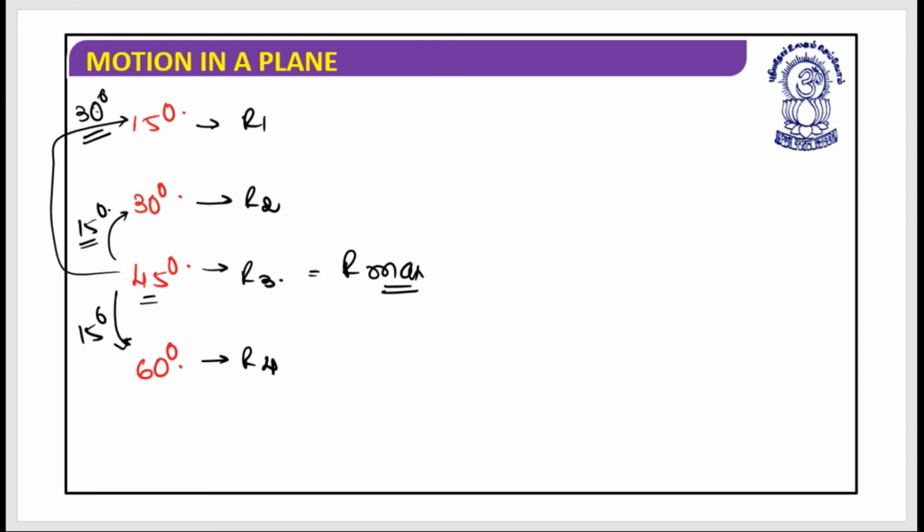So you can even write like this, that your range 2 and range 4 would be equal, and R3 would be the maximum, which would be followed by R2 and R4 because they are having the same value, and the least will be R1. So this is the approach, and this is a very good approach.